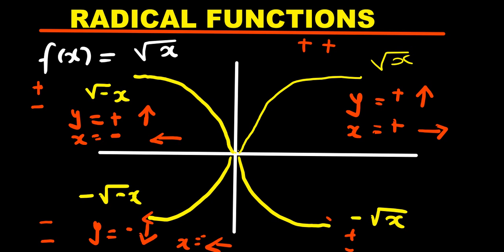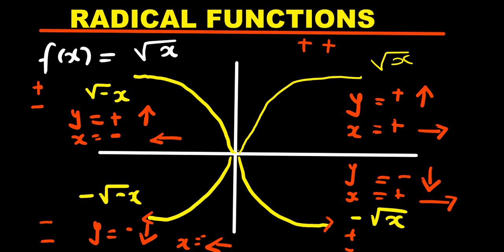Then let's come to this one. You're able to see that the values of y in this case are negative. Because it's negative, your graph is going to be going down. The value of x in this case is positive. Because it's positive, you're going to be going to the positive values of x. That's how these symbols are shown.